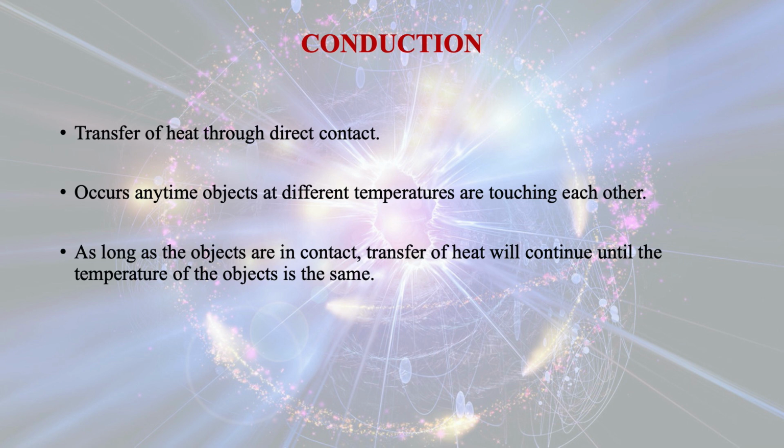Suppose you keep a hot body in touch with a cold body; because of the temperature difference of these two objects, there will be heat transfer. So there will be heat loss for the hot body and heat gain by the cold body, and if this process goes on for an appreciable amount of time, then finally the temperatures of both bodies will be the same. So hot and cold body temperatures will be the same after heat transfer.